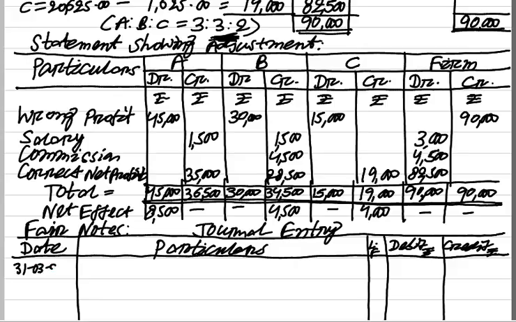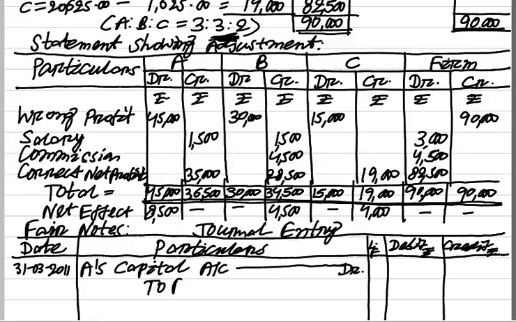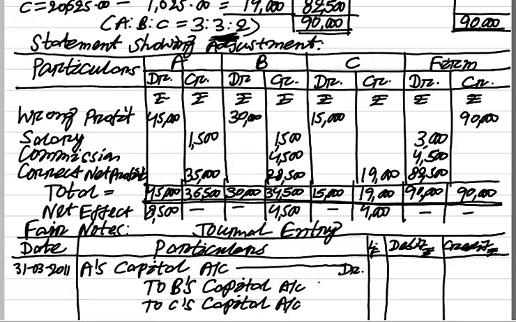A's capital account debited to B's capital account, to C's capital account. 8,500, 4,500 and 4,000.